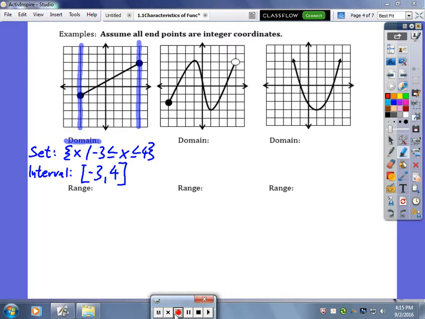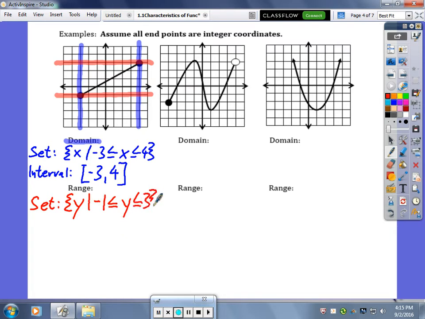Let's look at our range. The lowest y value that's part of the curve is down here, and it goes all the way up here. In other words, in set notation, the range is y such that negative 1 is less than or equal to y, which is less than or equal to positive 3.